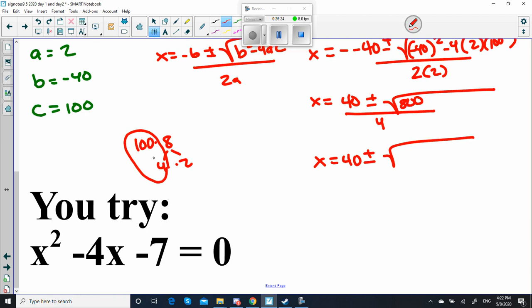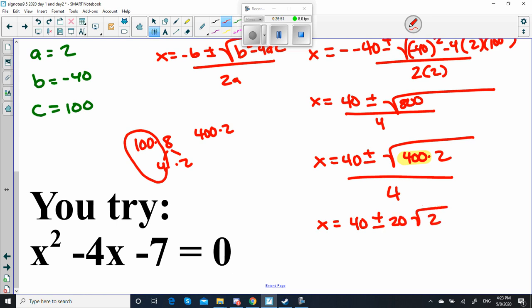So that means 100 times 4, 400, is what I'm going to use. 400 times 2 are the two factors that I use, because 400 is 20 times 20. So if I break it into that, then 400 is perfect and 2 is not. And then on the bottom I still have the 4. So if I go ahead and take the square root now, 40 plus or minus the square root of 400 is 20, radical 2 over 4.